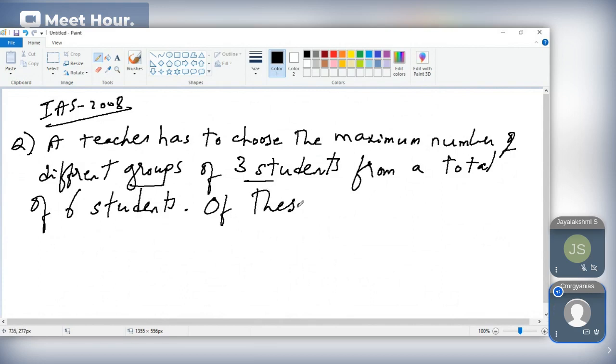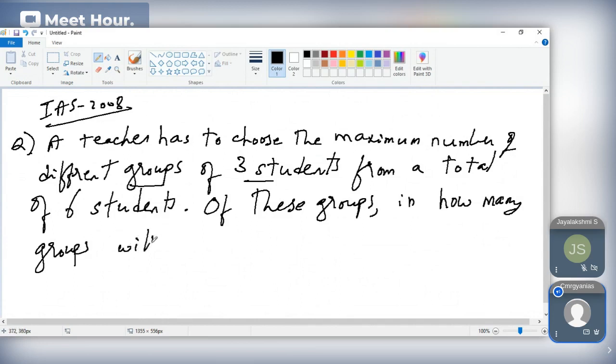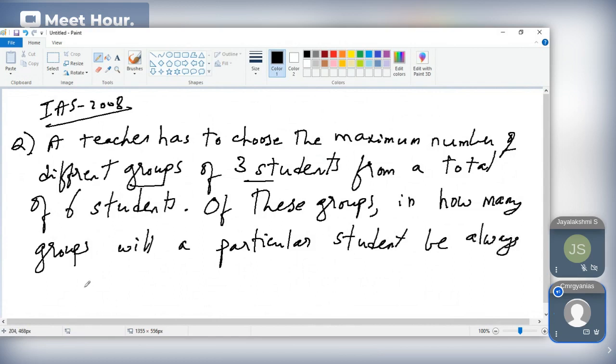Of these groups, in how many groups will a particular student be always included?